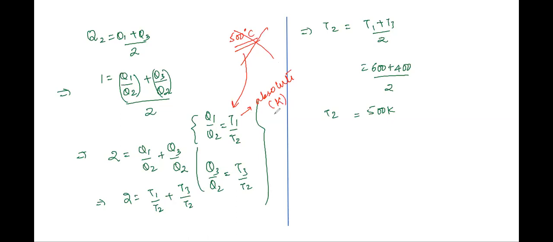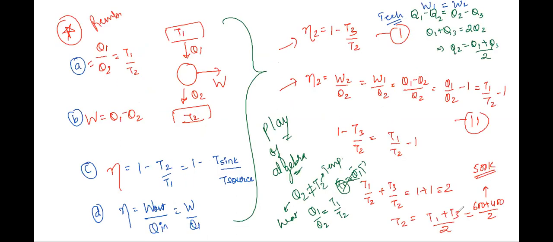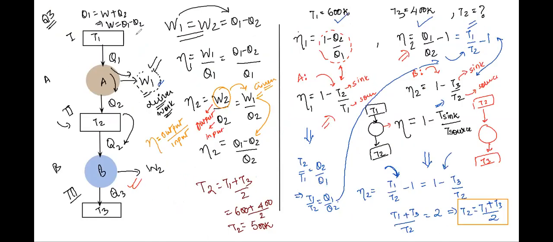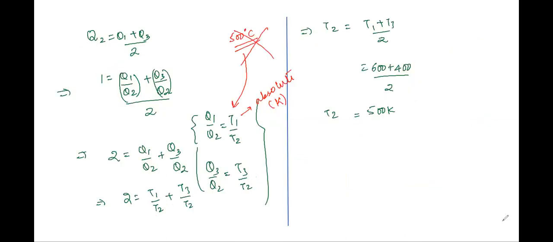Very important, super important. So coincidentally, this question told me that temperatures are given as 600 and 400 Kelvin. That is why I directly substituted it. In case not, I would have first converted into Kelvin and then substituted in the formula to get the answer.